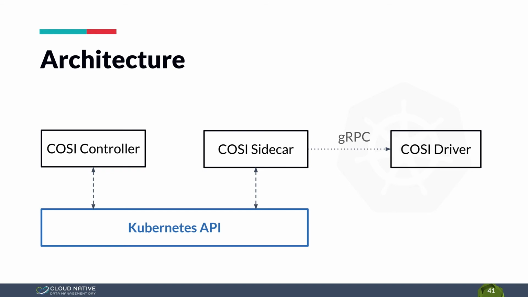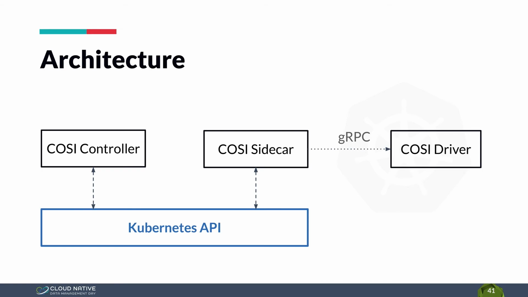The reason we broke up the controller and sidecar is that it was originally a single unit, but in order to integrate with multiple different vendors, we created the concept of a COSI driver. The COSI driver allows any vendor to work with COSI as long as they support the gRPC protocol standard that we've created.